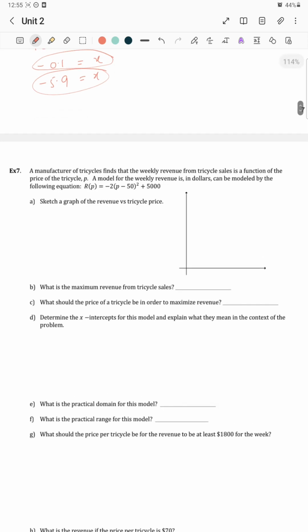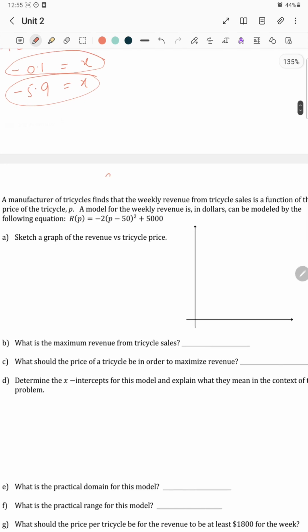For drawing the graph, we should know the form a(x minus h) whole square plus k. So h and k would be 50 and 5000. So let's pause here. 50 and 5000 is here.